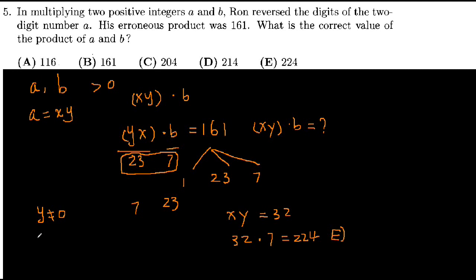Now if we allow y to be 0, which is not very clear from reading here, and let's say XY is 2 digits, which means x is not 0, y can be anything here.